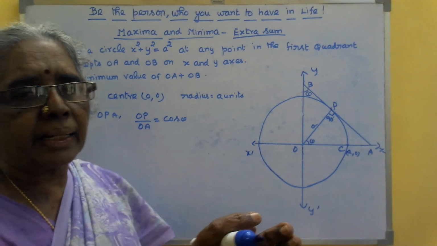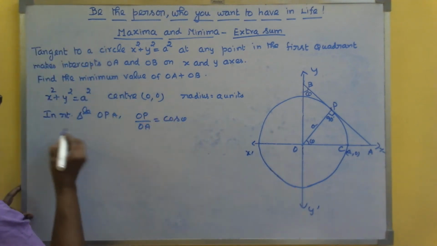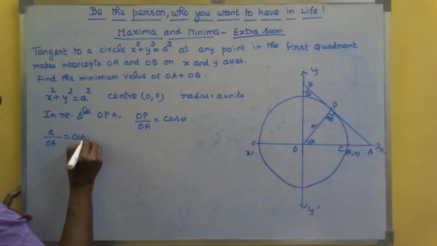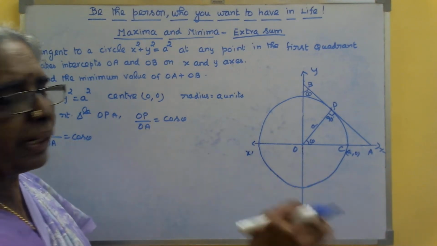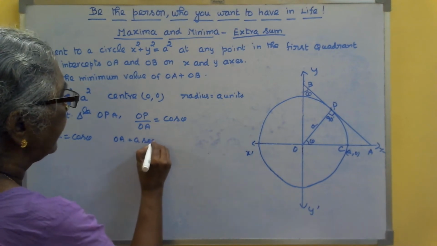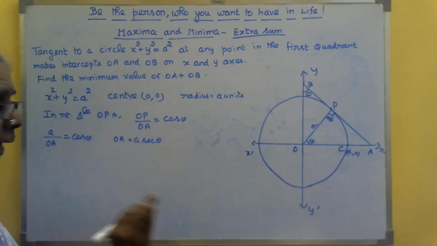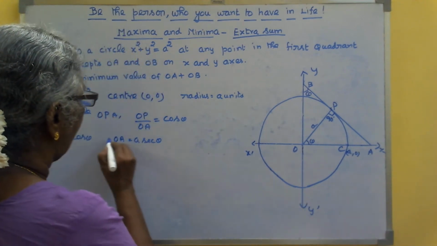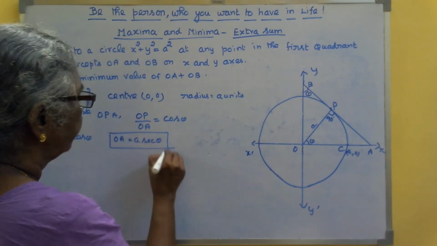OP is the radius, so that is nothing but a. So I will get a by OA is equal to cos theta. OA will be a by cos theta or OA is equal to a secant theta, right? So I know OA is a secant theta because we need OA.